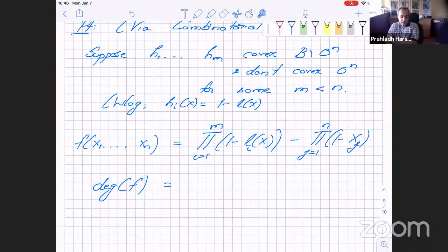Therefore, the degree n term here cannot be cancelled by this one. The largest degree here is strictly smaller than this. Therefore, the degree of f is in fact exactly equal to n. And further, we know that the coefficient of x1, x2, up to xn is exactly equal to minus 1 to the n, which is not 0.